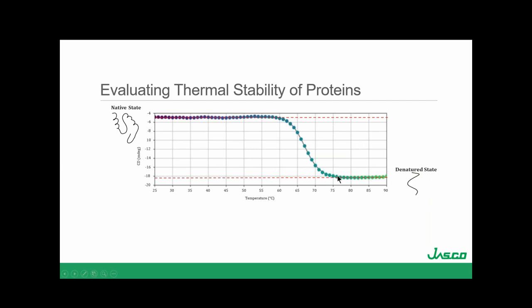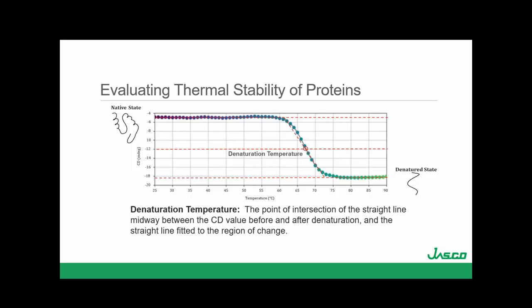So we can draw lines through the two flat portions of the curve, the initial and the final state. We can fit right along that transition a nice straight line. And then if I bisect the difference between the initial and final state, you'll see I intersect the transition line, that is, and we call that the denaturation temperature, right?